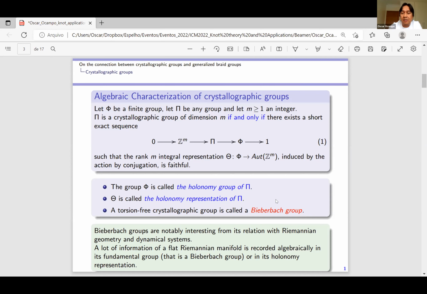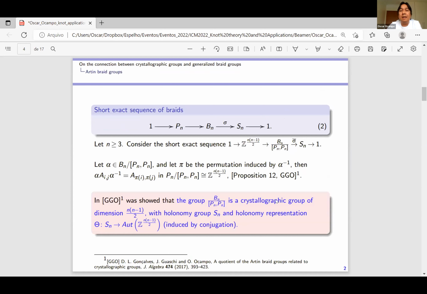Well, we shall use this algebraic characterization of crystallographic groups here. But before, let me say the motivation, the first steps in this connection. The first connection was given for the classical case of Artin braid groups, in a joint work with Daciberg Gonçalves and John Guaschi. You have the classical short exact sequence of braids: sigma is the canonical projection of a braid into the symmetric group, and the kernel is the classical pure braid group.